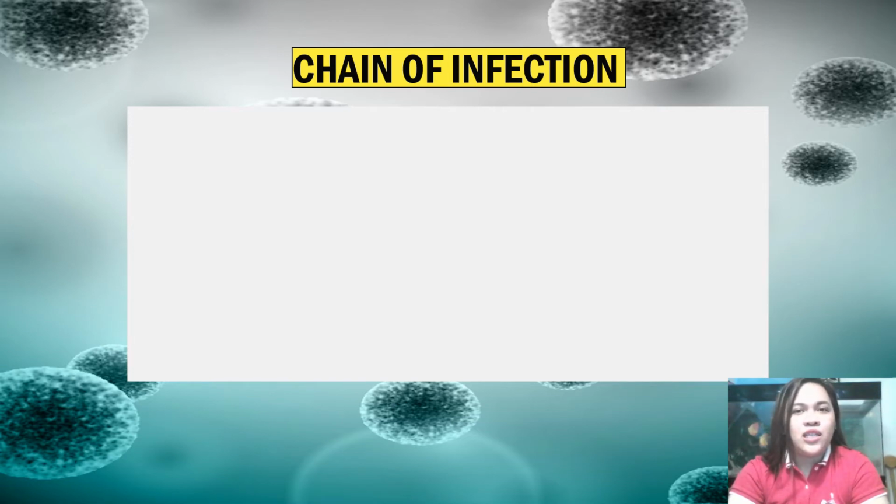So how does it leave its normal home and enter another part of our system? Here is an example. E. coli naturally resides in your colon, so naturally, your feces contain E. coli.